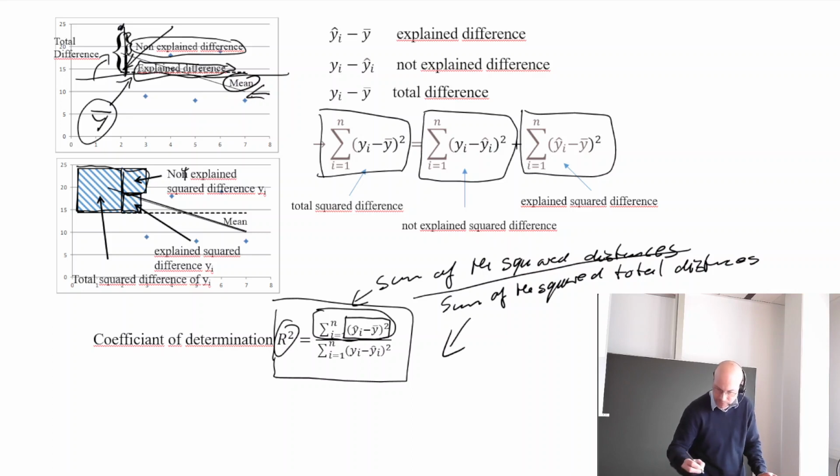And so to speak, we have a percentage of how much our modeling A plus BX is explaining for our data set.